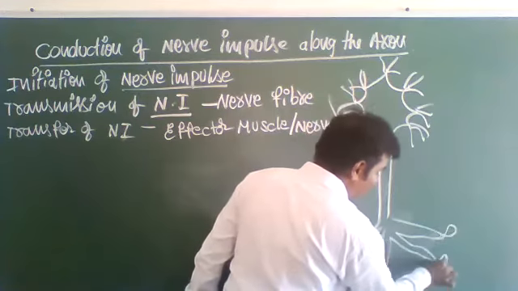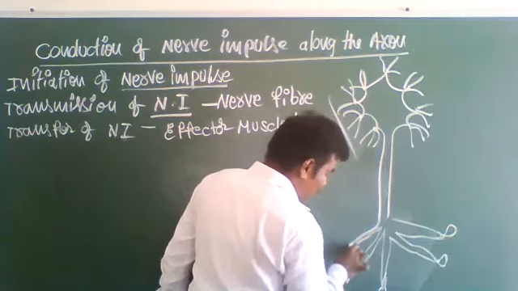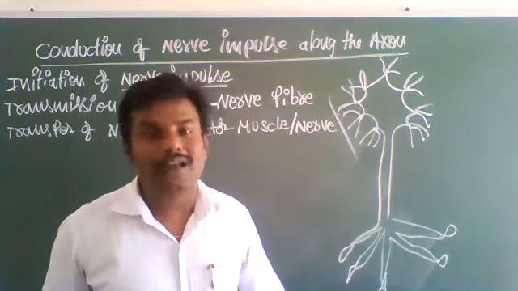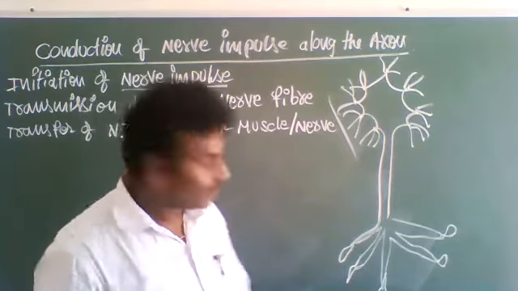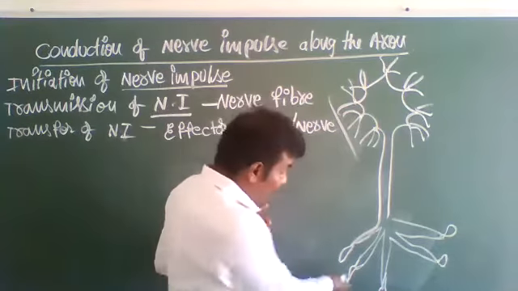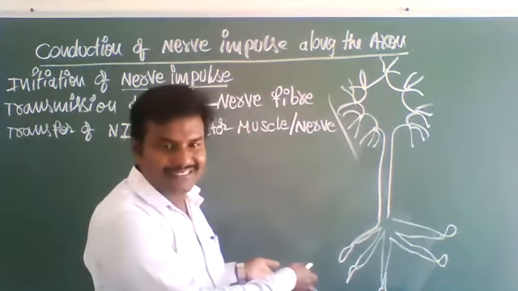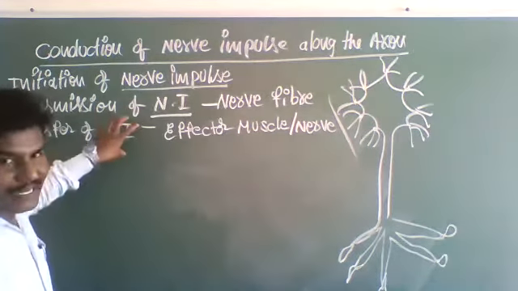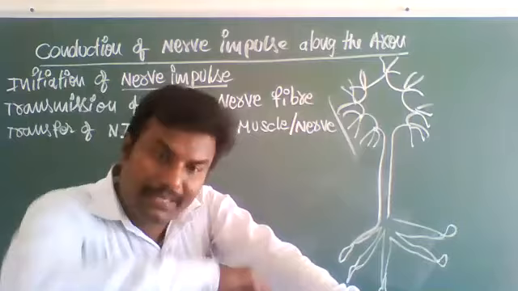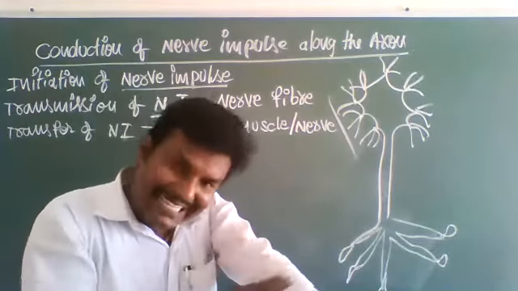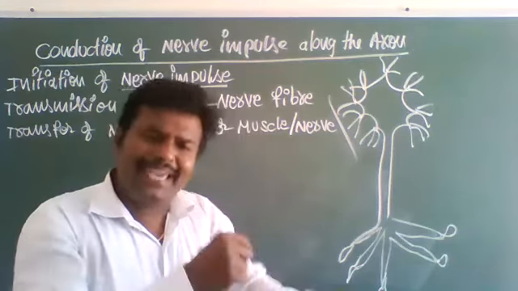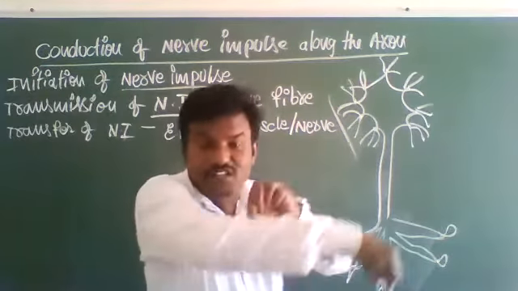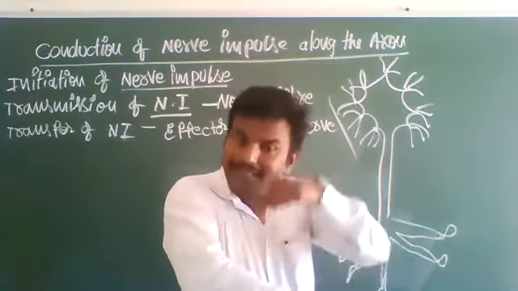From these nerve terminals, it goes to the effector muscle or another nerve, another neuron's dendrons, and muscles. Whatever we touch, prick or pinch, any sensation, that is the nerve impulse, transferred to the effector muscle or the nerve.